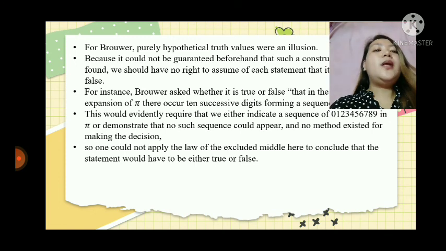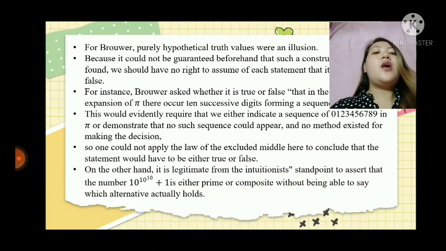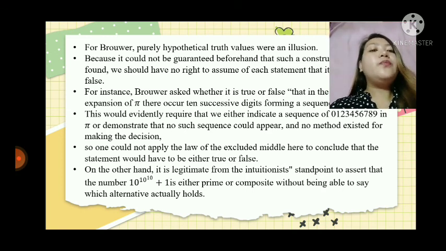So, one could not apply the law of excluded middle here to conclude that the statement must be either true or false. On the other hand, it is legitimate from the intuitionist standpoint to assert that the number 10 to the power of 10 to the power of 10, plus 1, is either prime or composite, without being able to say which alternative actually holds.